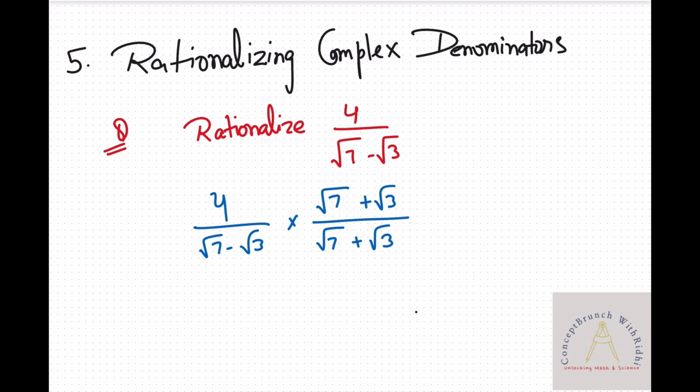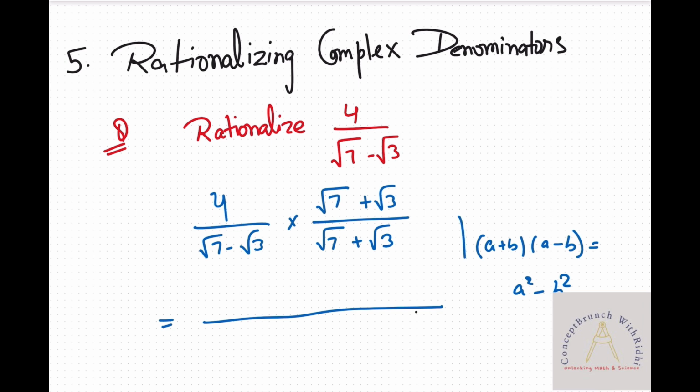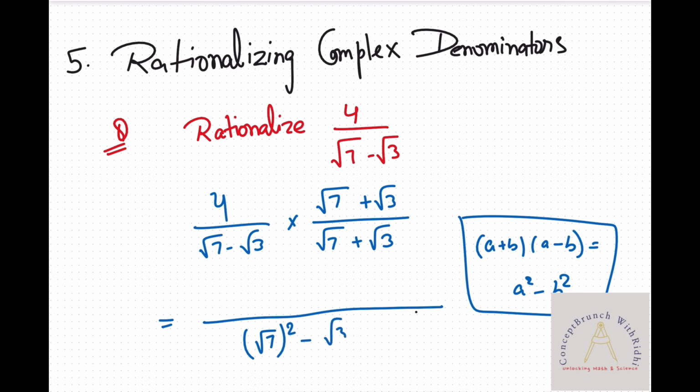If you remember, I told you in the last video, a plus b times a minus b can be written as a squared minus b squared. You can apply this in the denominator. So it will be root 7 squared minus root 3 squared. On the top, we write 4 times root 7 plus root 3.